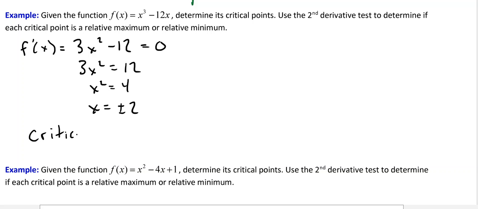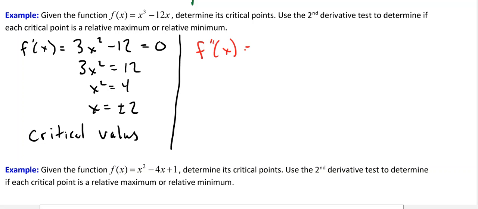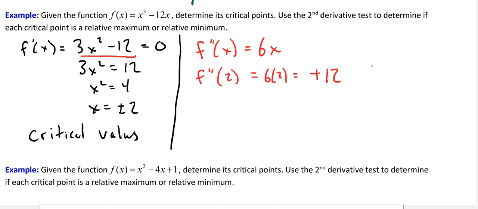Critical values, where the first derivative is equal to 0. Now, to determine if they are maximums or minimums, we evaluate them in the second derivative. The second derivative of this will be just 6x. And so the second derivative evaluated at positive 2 is 6 times 2, which is positive 12, which means we're concave up, which means we have a relative minimum.